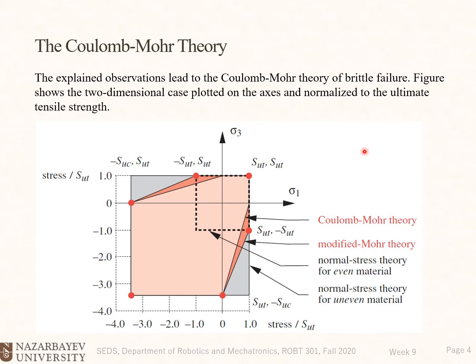Okay, but the original theory is the Coulomb-Mohr theory, and it comes from the fact that both shear stresses and normal stresses are behind the failure, or the main reasons of failure in the second and fourth quarter, because we also have compressive forces. And we will see later why we have the modified Mohr theory in the coming slides.